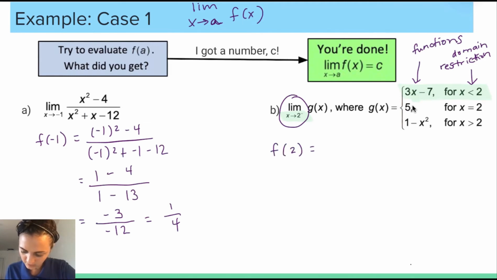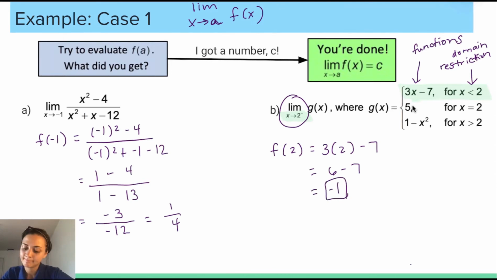F of 2 in this case, since I'm using that top function, will be 3 times 2 minus 7, which equals 6 minus 7, which equals -1. So there's the limit for when x is less than 2, or when x is approaching 2 from the left. So this is kind of the best case scenario.